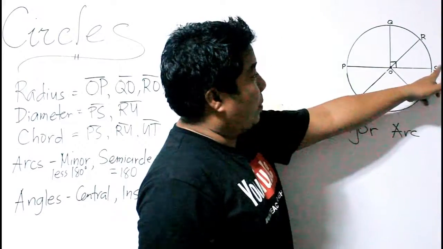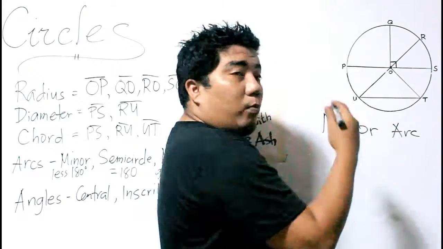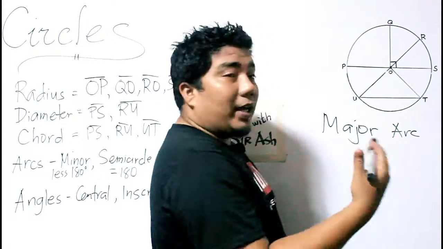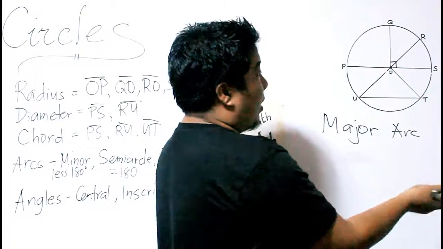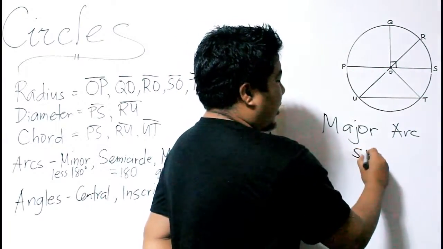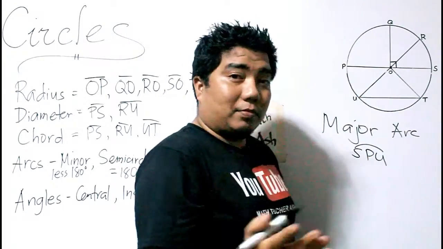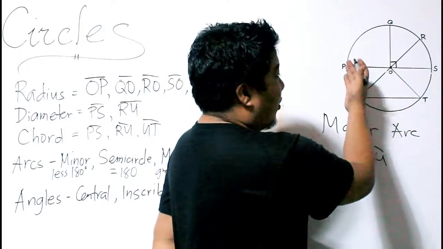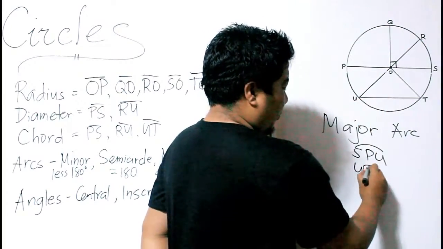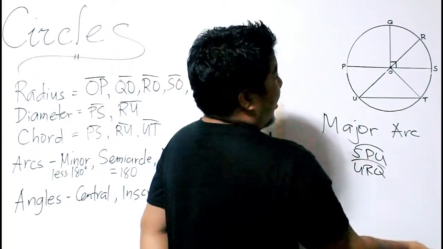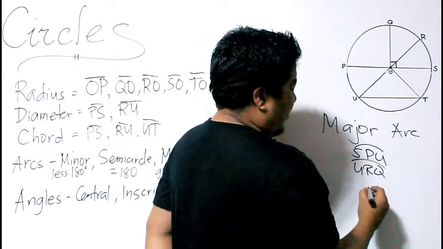So, we know that PS is already a semicircle, then you can just move even more to make it greater than 180, so you could just name it SPU. That is SPU. More than 180. You could have, like this, URQ. Another is PST.